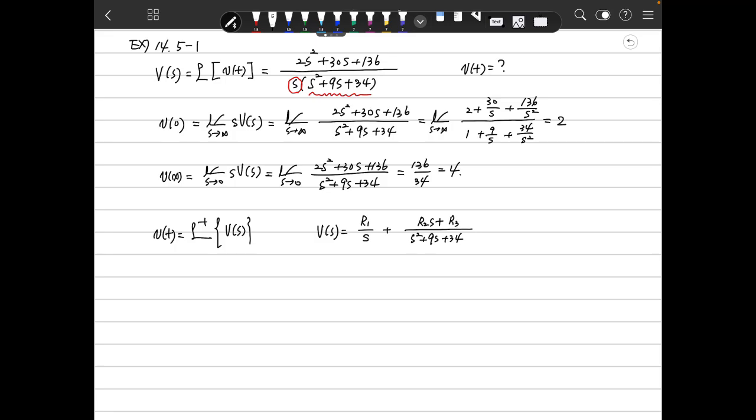Anyway, using the simple calculation, we got that their values are 4 over s minus (2s plus 3) over (s squared plus 9s plus 34).